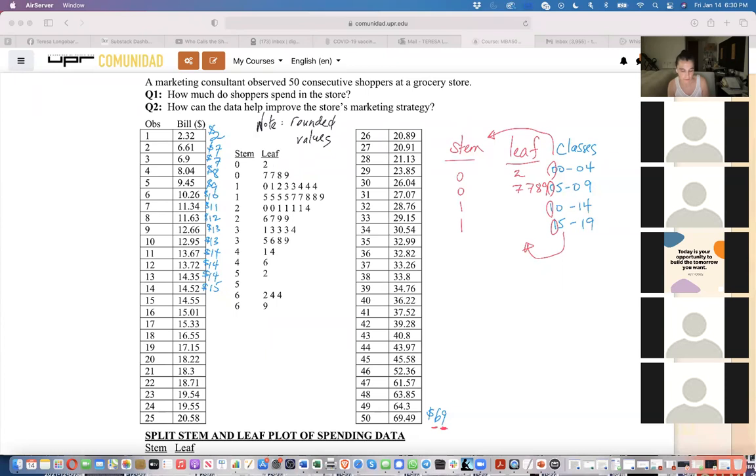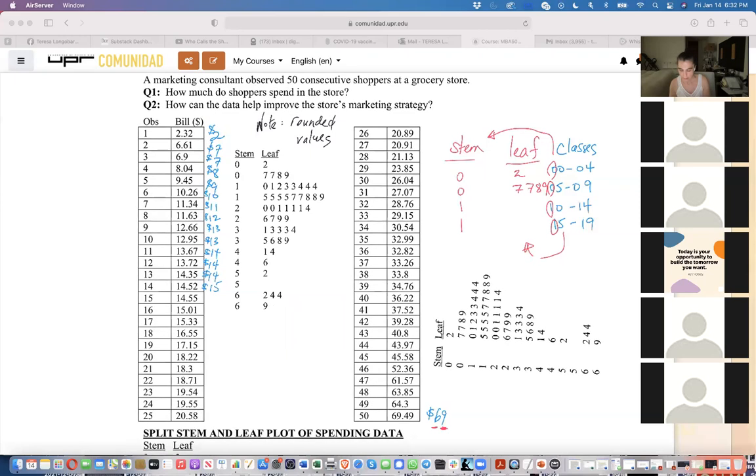Now, what I'm going to do with this, I'm going to turn it like this. I have a question.